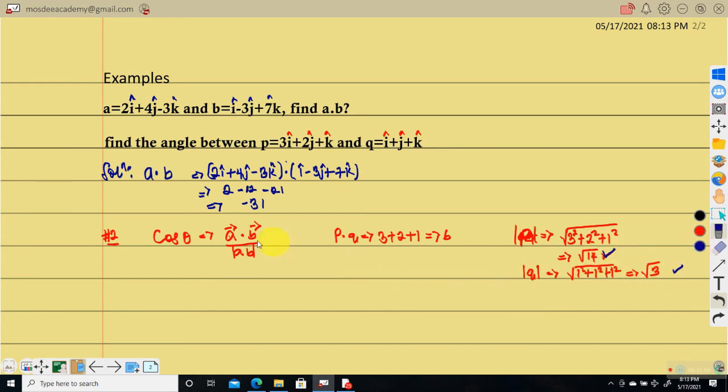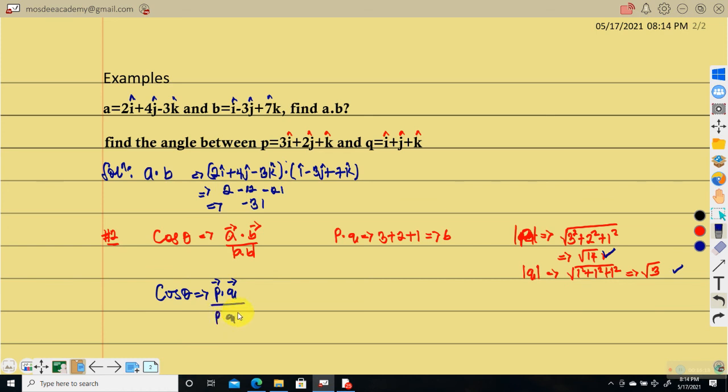So here we have the formula for the angle between vectors: cos theta is now equal to P dot Q over the product of the magnitudes of P and Q. So please keep that in mind, and that is what we are doing.